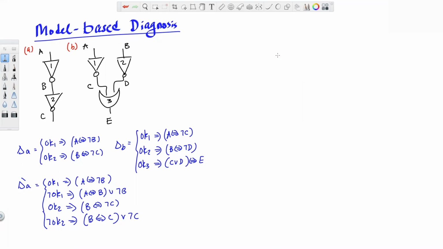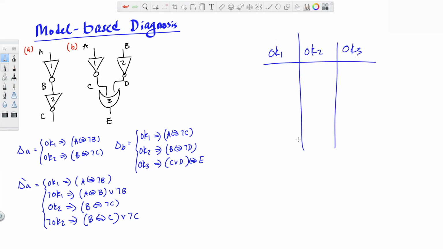So what I have is, let's say in this example we were looking at, I have OK1 and I have OK2 and I have OK3. And if you look at the possible states of the system that were actually consistent with my observation, as we discussed, there were 5 of them. So this is one, the second. These should have been the 5 different states that the system can be in.